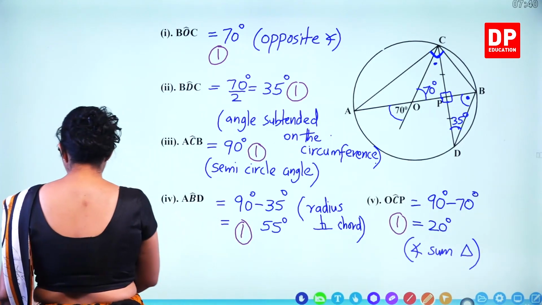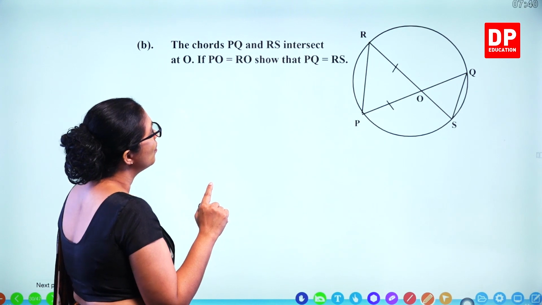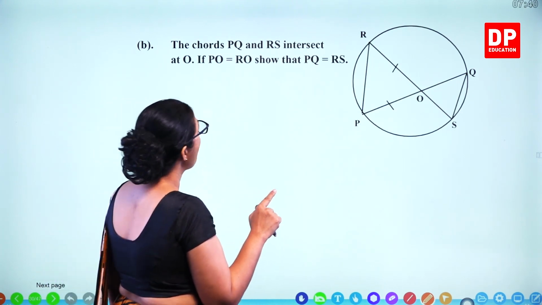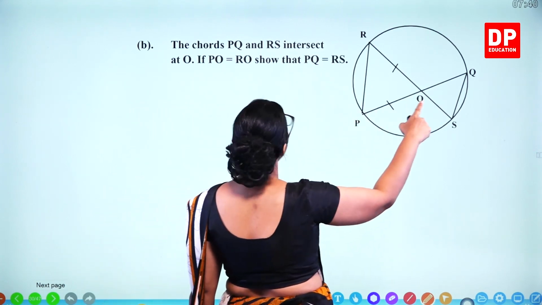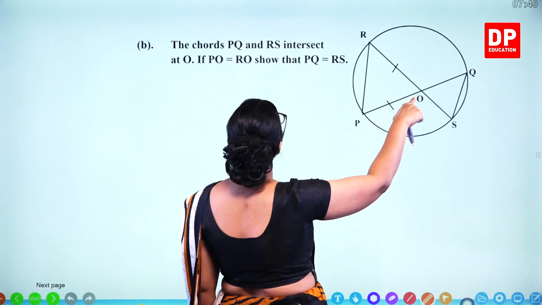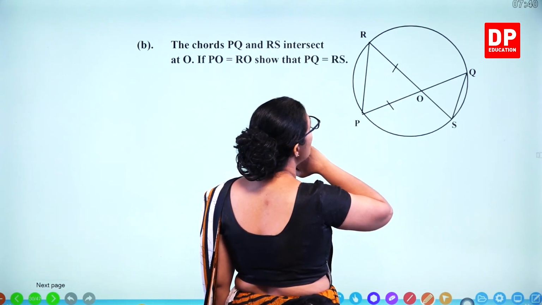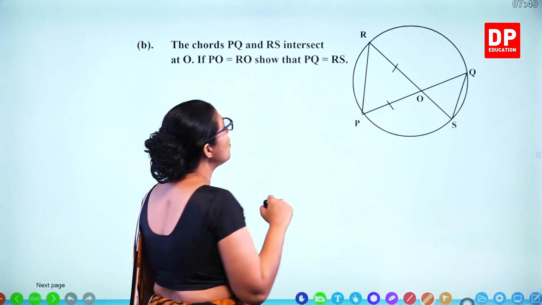Let's do the next one. The chords PQ and RS intersect at O. If PO is equal to RO, that's given, show that PQ is equal to RS.